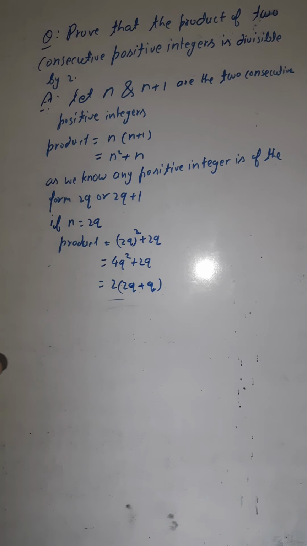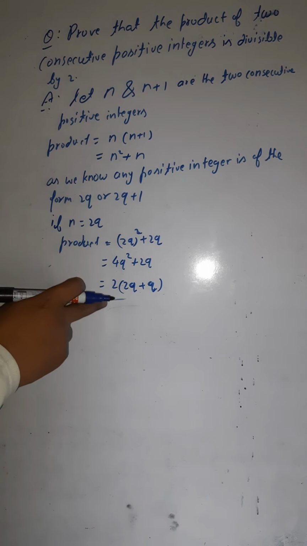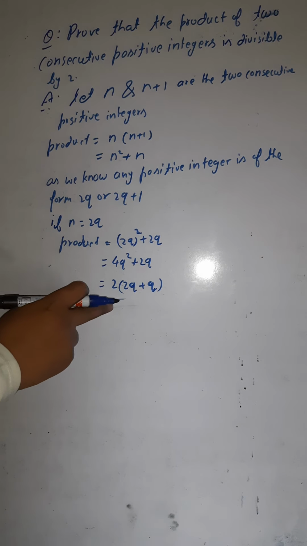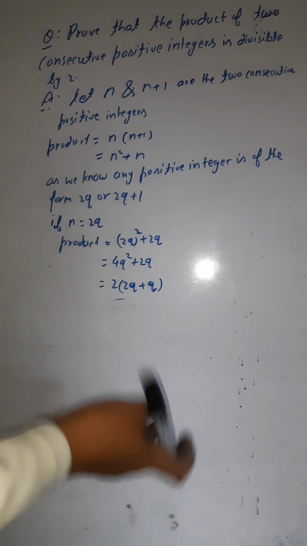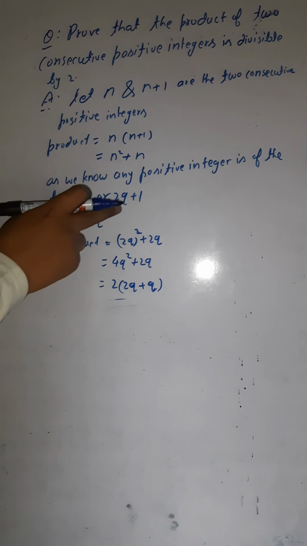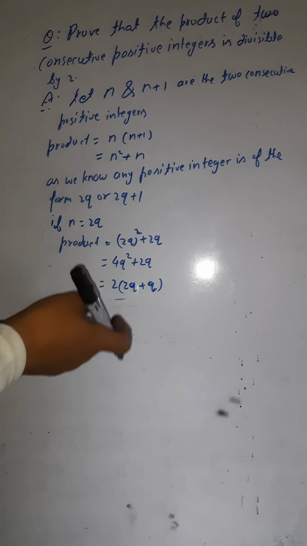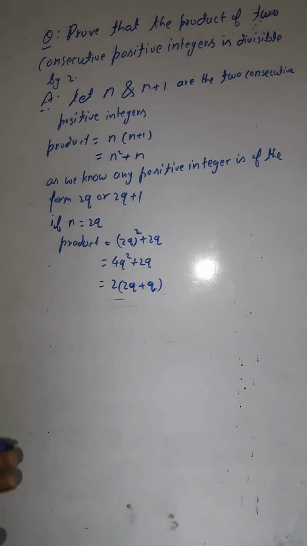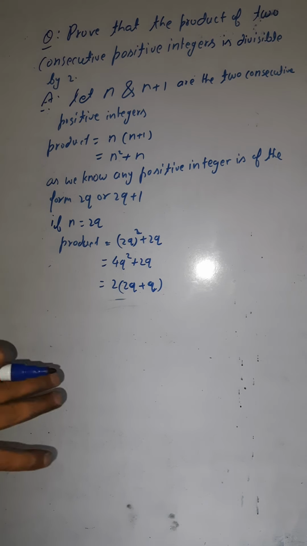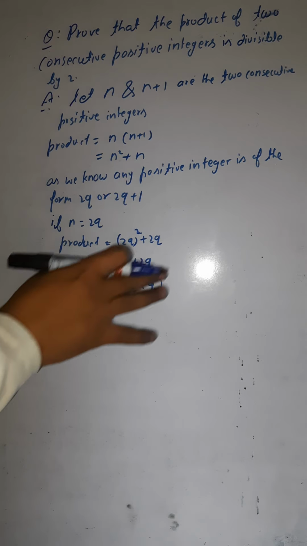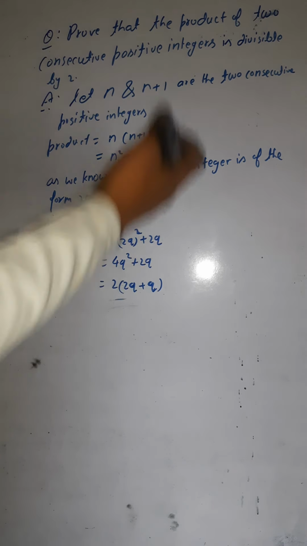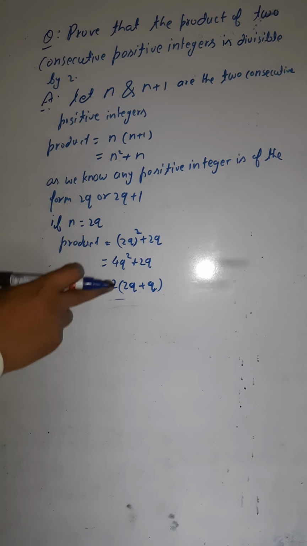Are you getting this? Yes. So any positive integer would always be divisible by 2. Yes or not? We have proved this. If n is 2q, then it would be divisible by 2. Now we have to check whether if n is 2q plus 1, whether it is again divisible by 2 or not. That is again we would prove now. Okay, so here in the first case we have proved yes, any consecutive positive integers, their product would always be divisible by 2.